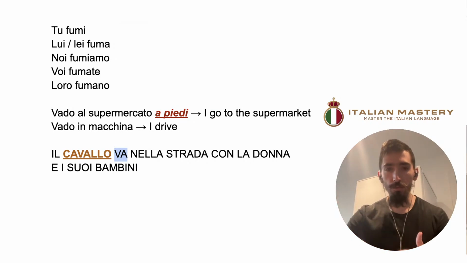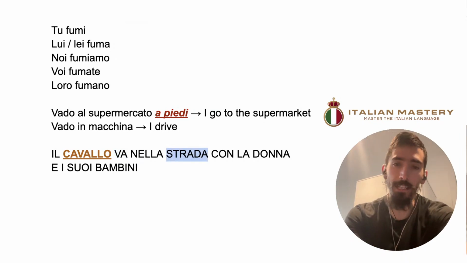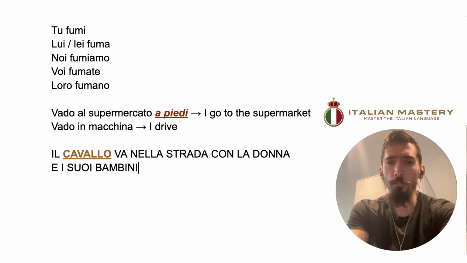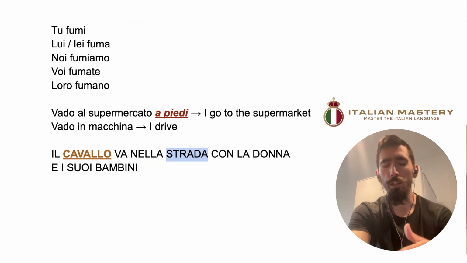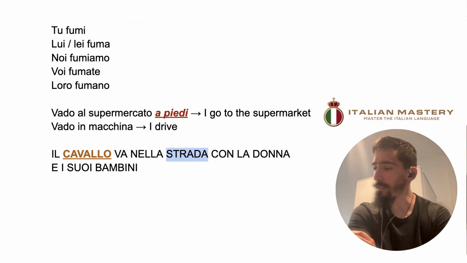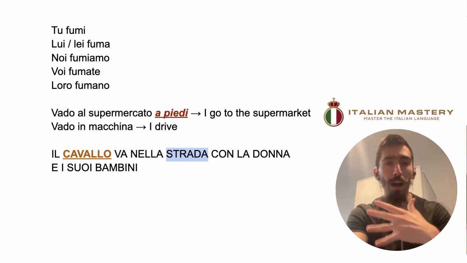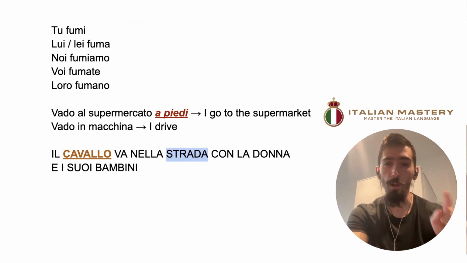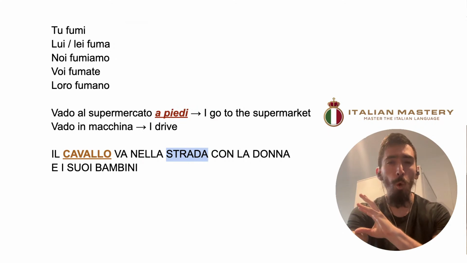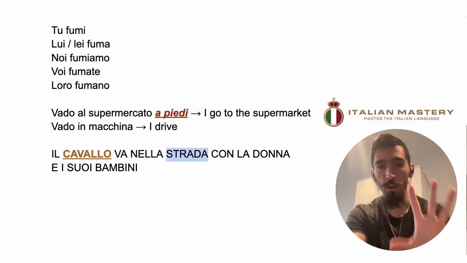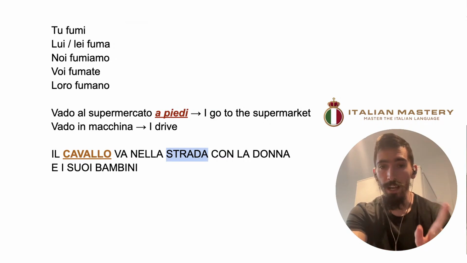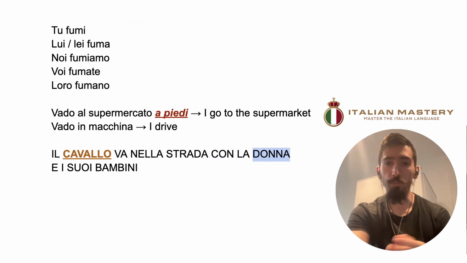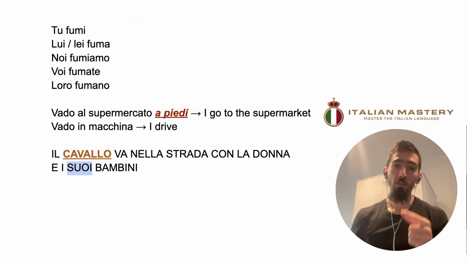So the horse goes nella strada, strada, road. And by the way, in English you have road, street, etc. That pattern of vocab exists in Italian as well, but strada is way more common than anything else. Va nella strada con la donna, with the woman, e i suoi bambini, and her children.